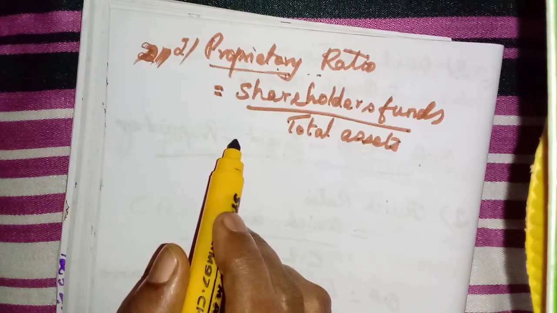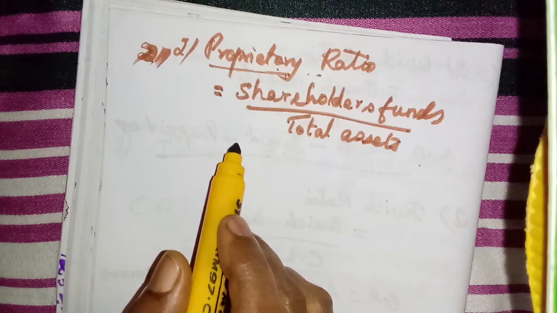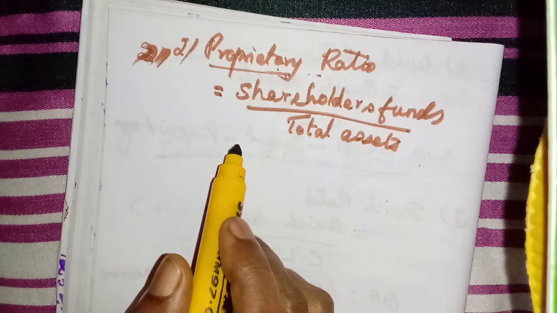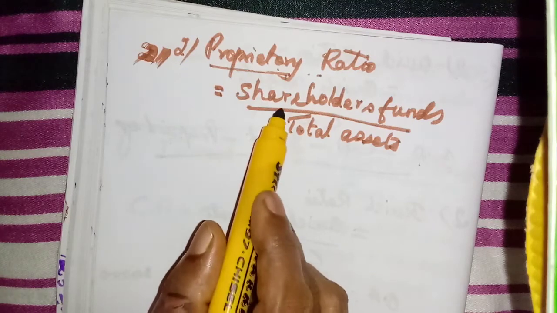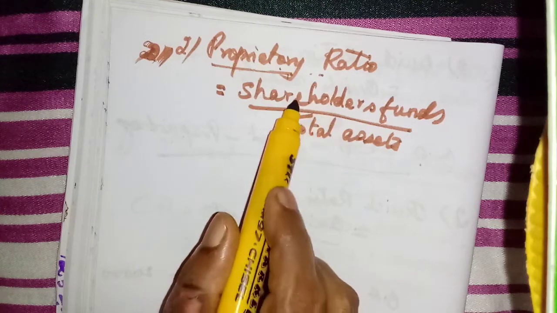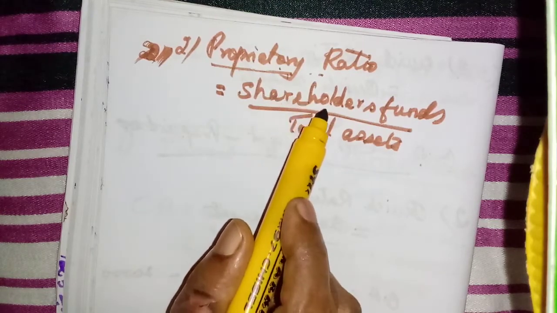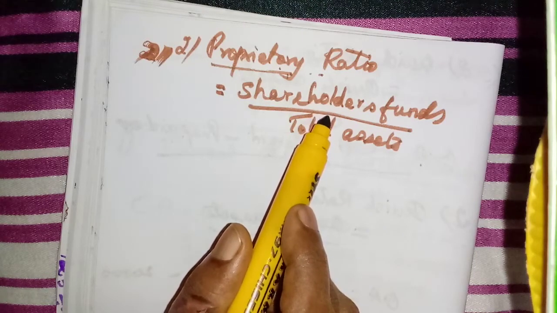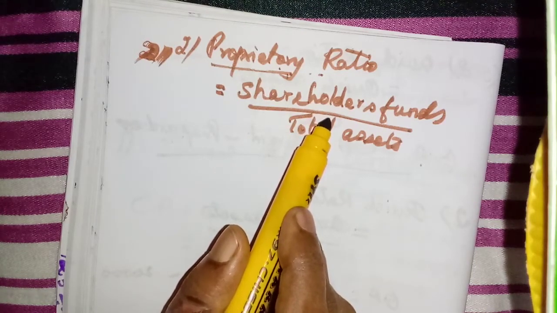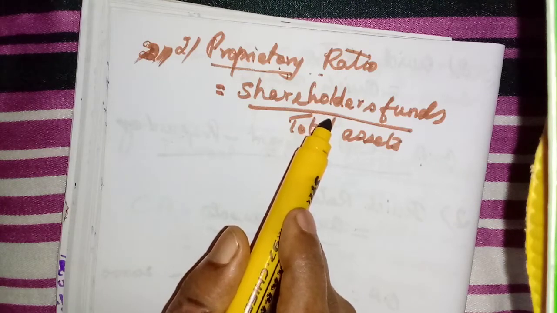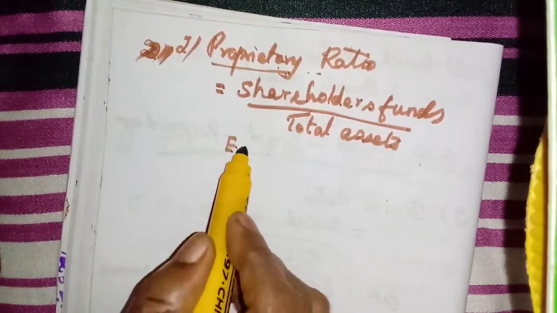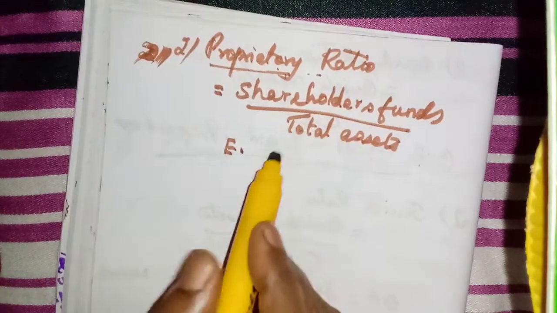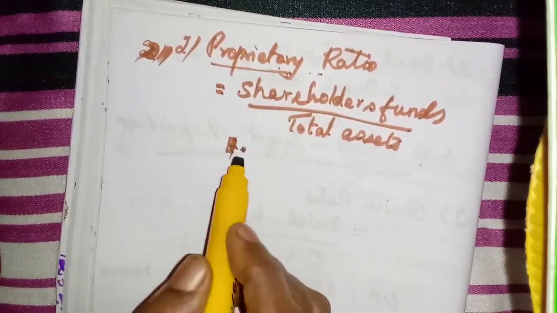Equity share capital, preference share capital plus reserves and surplus, correct only, as per the first formula.